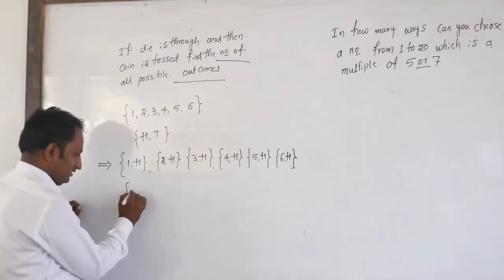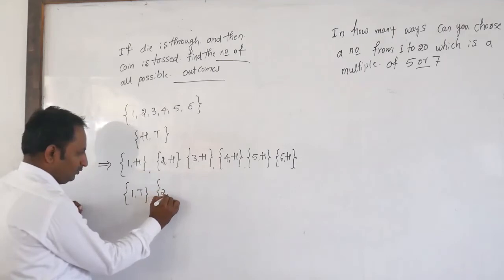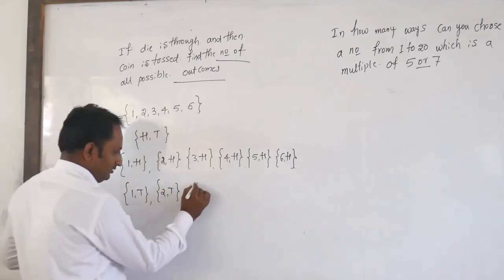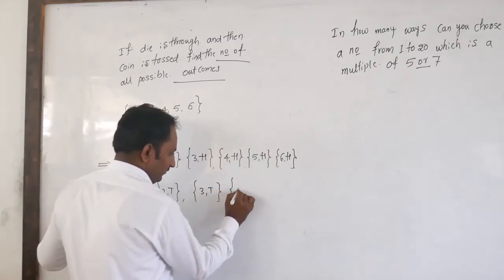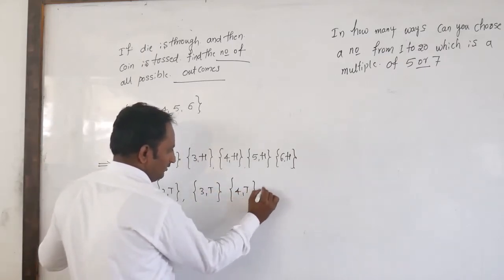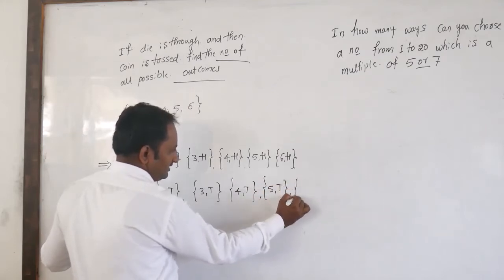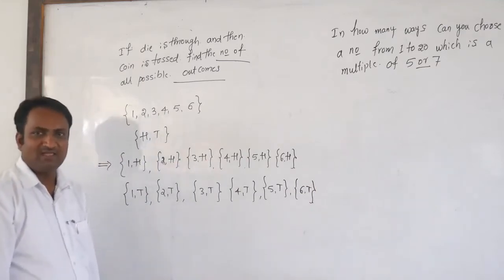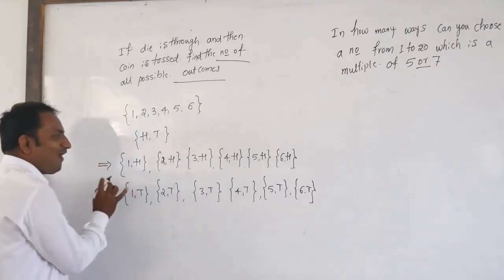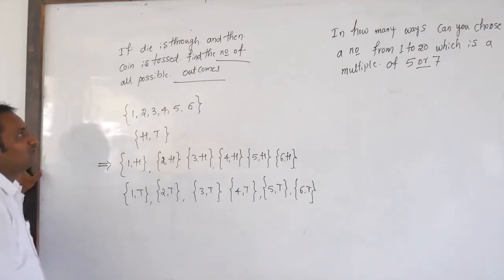Another is 1 tail, 2 tail, 3 tail, 4 tail, 5 tail, 6 tail. To avoid listing like this, we can use the fundamental principle of counting.